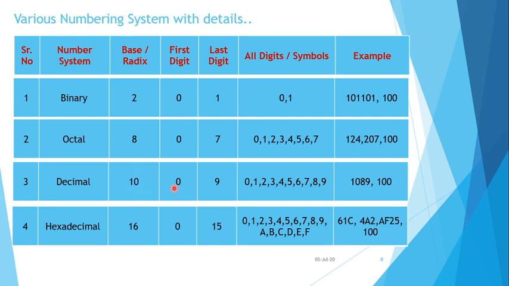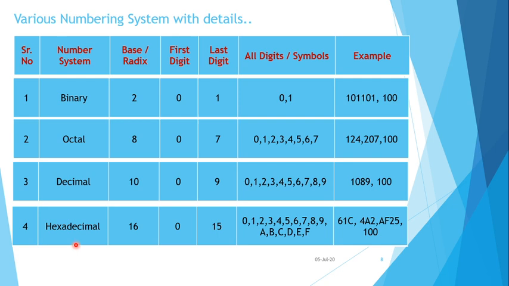And the first digit is 0, and the last digit is 10 minus 1, that is base minus 1, which is 9. So we have all the symbols in the decimal number system starting from 0, 1, 2, 3, 4, 5, 6, 7, 8 and 9. Right, so these are the examples: 1089 and 100.